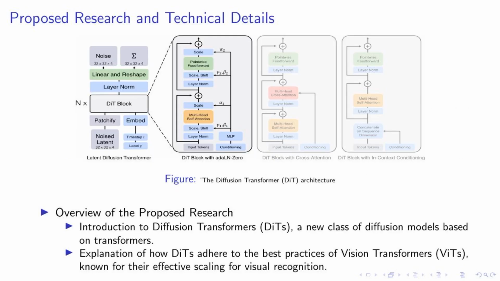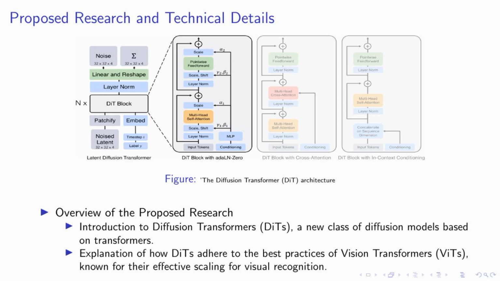On this slide, we delve deeper into our proposed research and its technical details. We present the Diffusion Transformers or DiTs, a novel class of diffusion models that are based on transformers. As you can see in the figure, the DiT architecture is designed to be as faithful as possible to the standard transformer architecture.